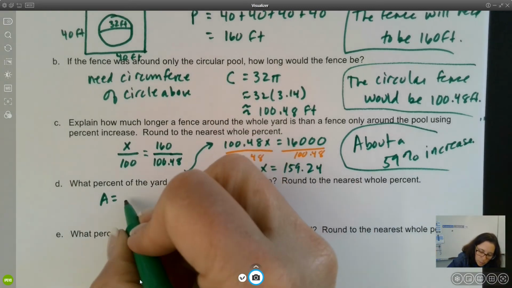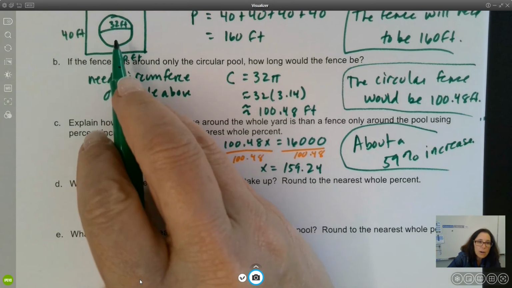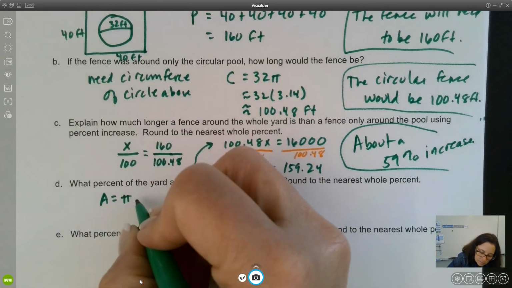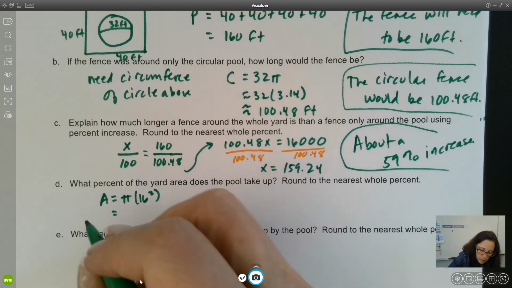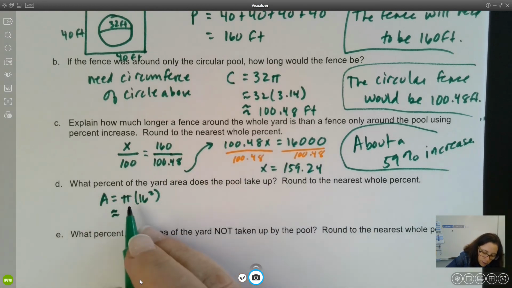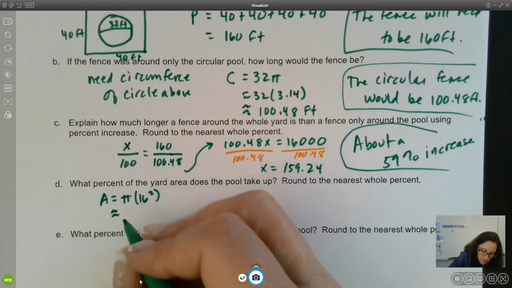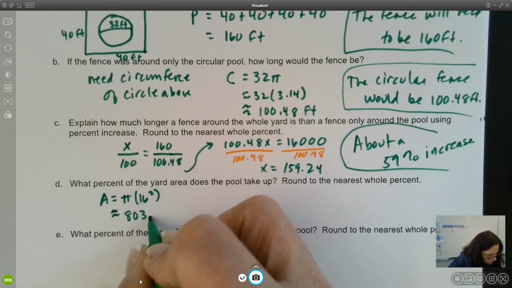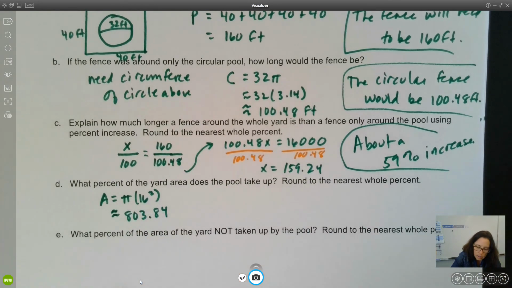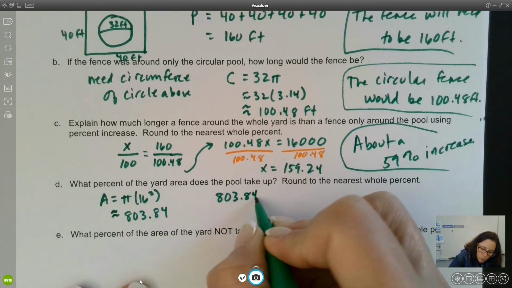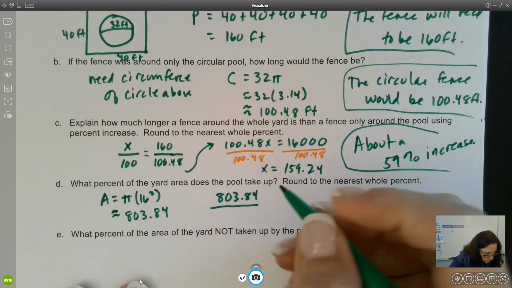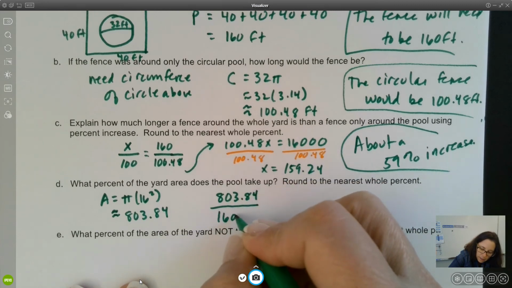So pi, now r would be 16. I'm going to plug 3.14 in for this, and square this, and that comes out to be roughly 803.84. So the pool area, 803.84 over the total area.